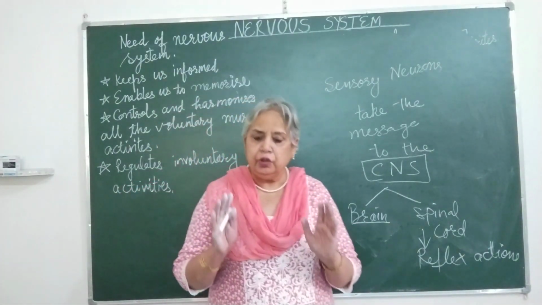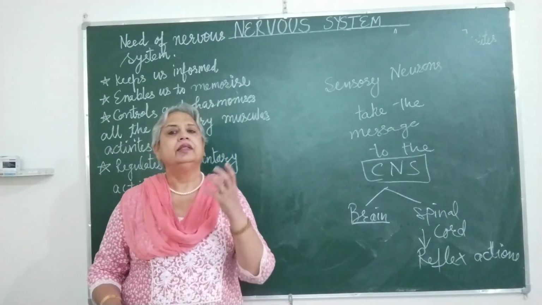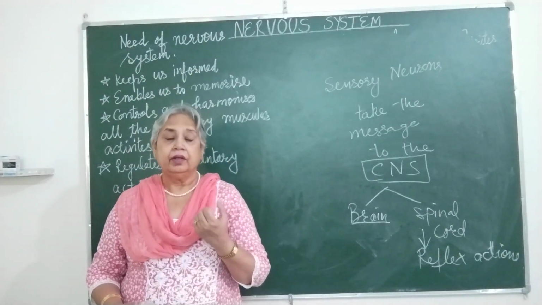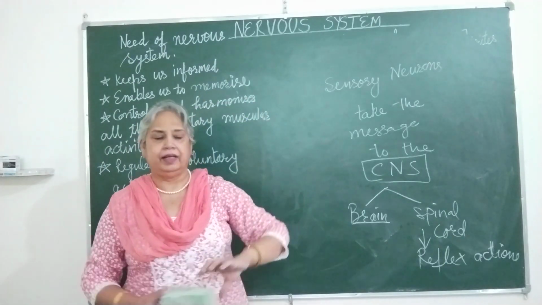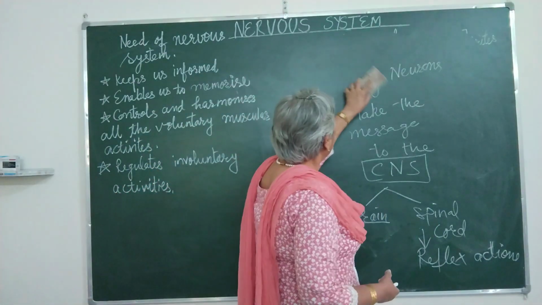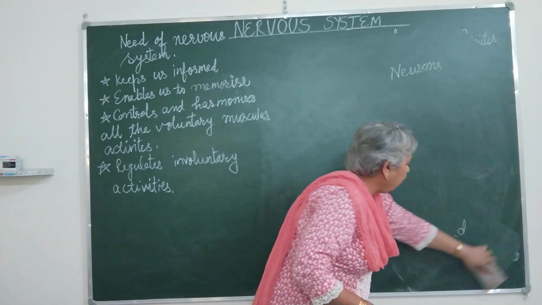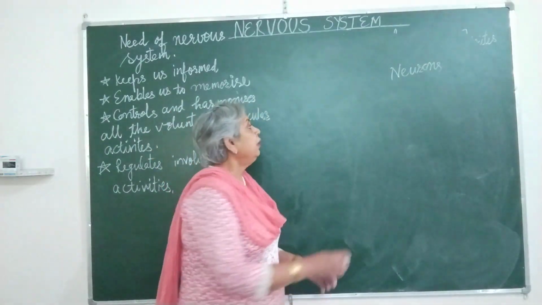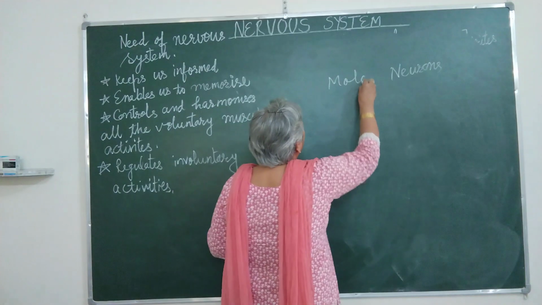Now the sensory neurons have taken the information from the surroundings. Now the stimuli is there, right? But the response comes from CNS. Okay? So there are other types of neurons whose function is to bring the message. So those are called motor neurons.